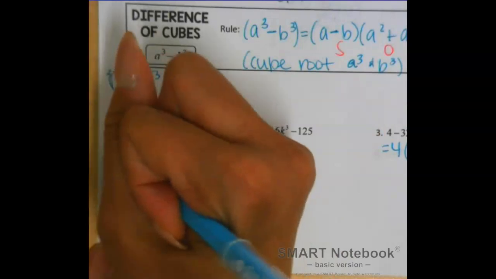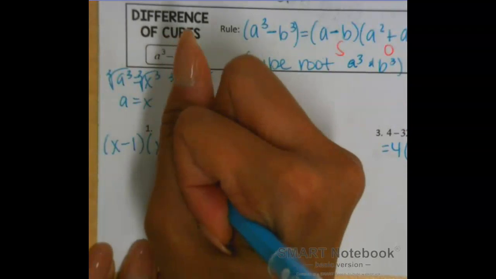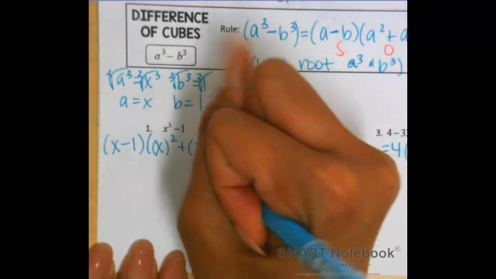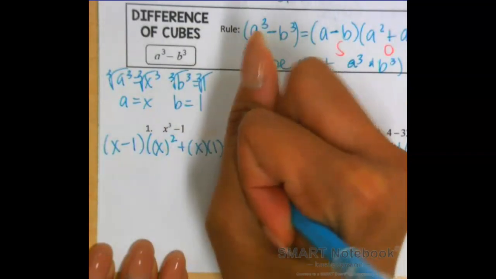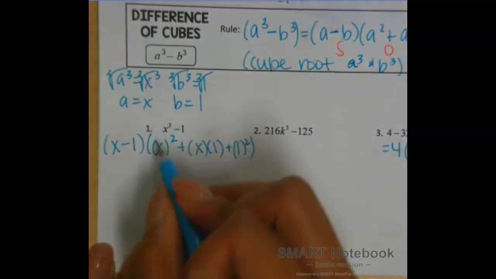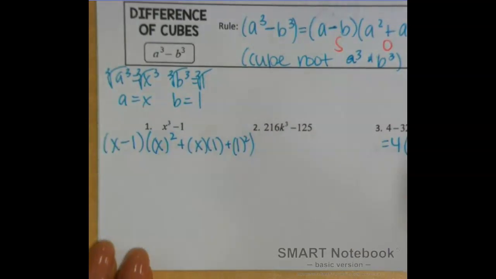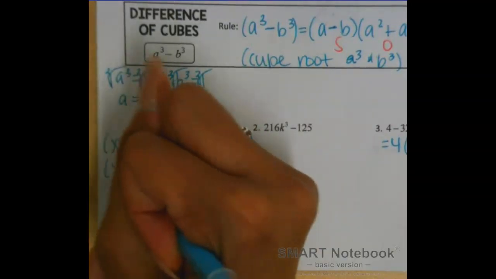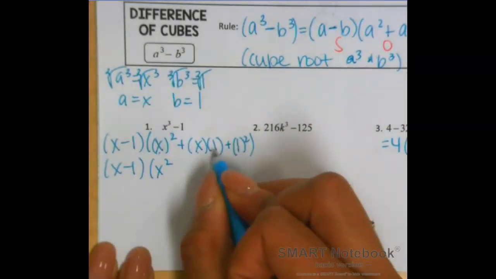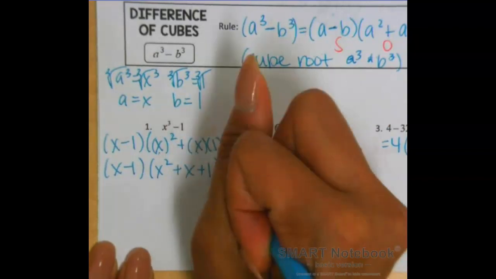We're going to have A minus B, times A squared plus AB plus B squared. I always put this in parentheses first to see what I need to actually square and what's okay as it is. The x minus 1 in the front is fine. X squared is just x squared. X times 1 is just x. 1 squared is 1. This should be your answer.